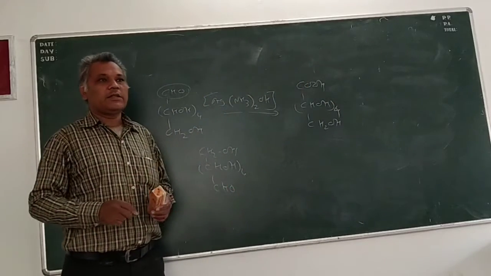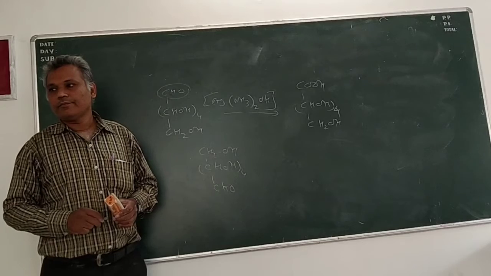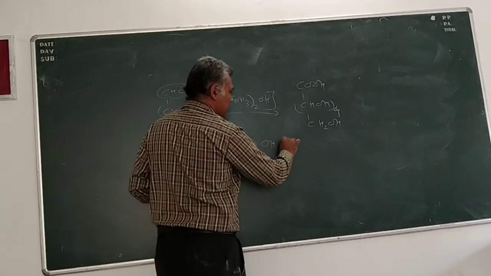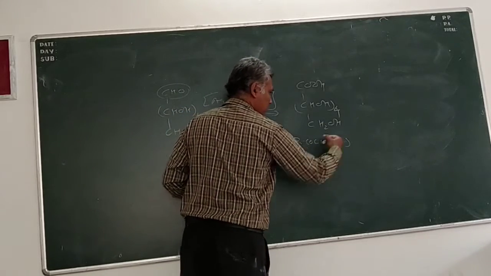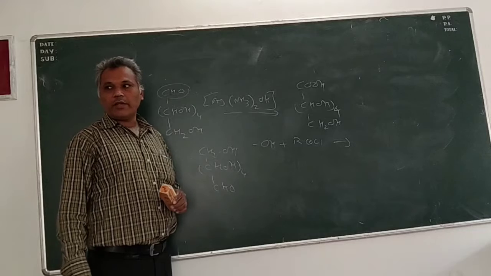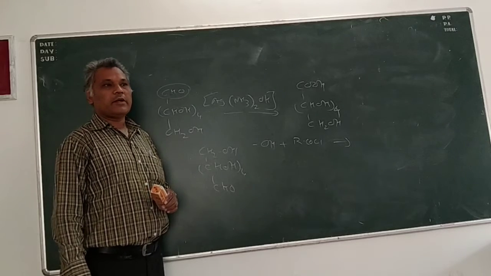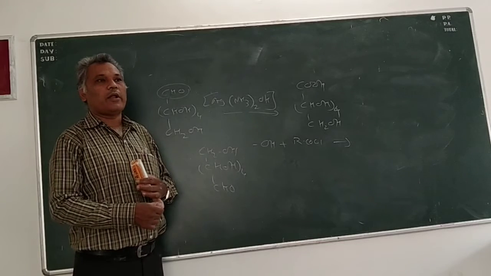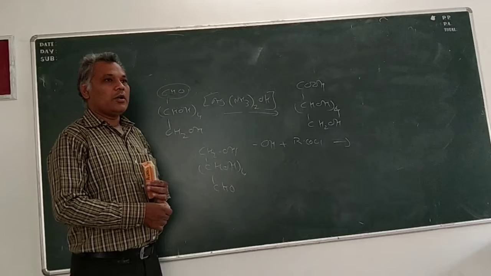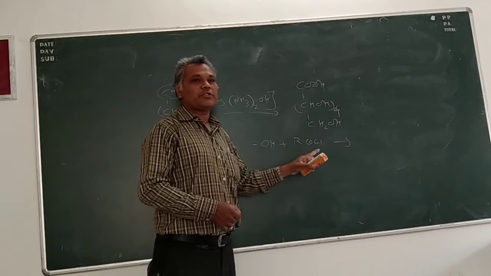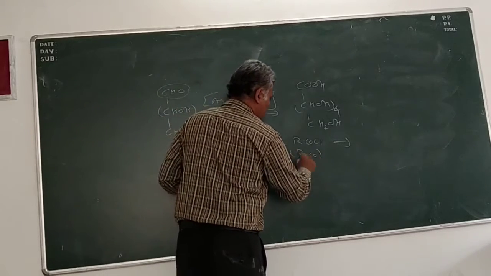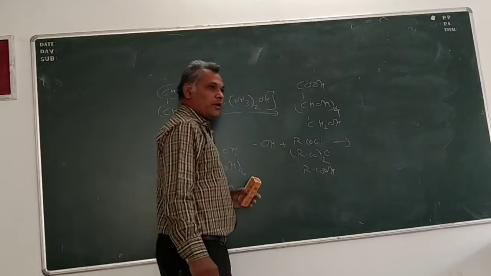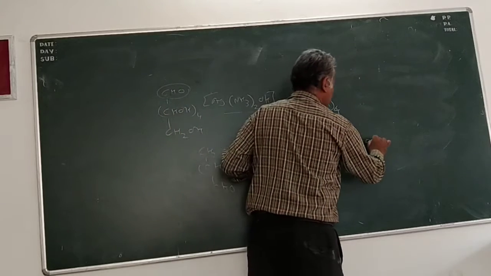For that, an acylation reaction is done. When you have an OH group, that means any alcohol, and it is reacted with RCOCl, (RCO)2O, or RCOOH, any of them, it gets converted into ester.